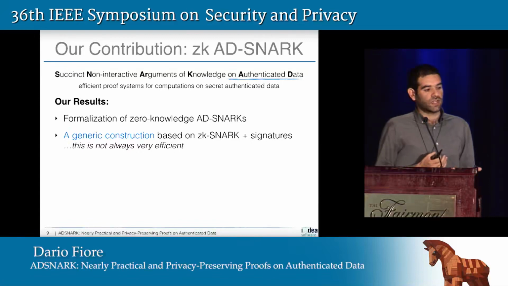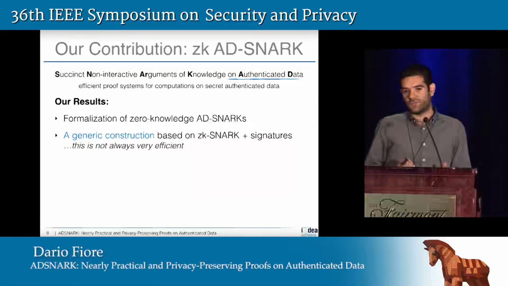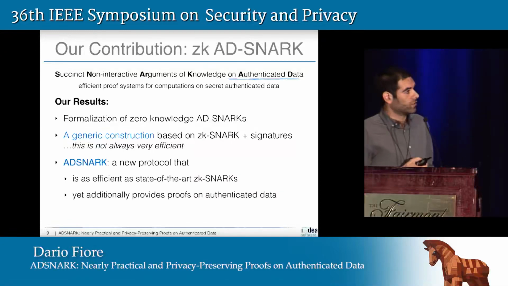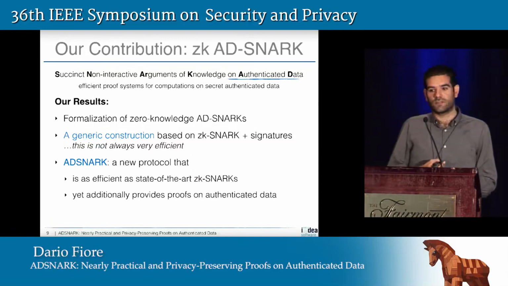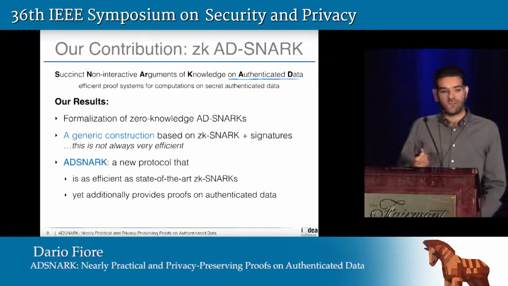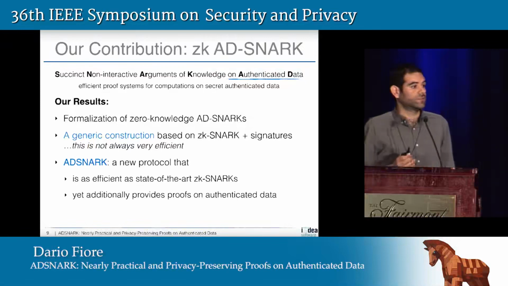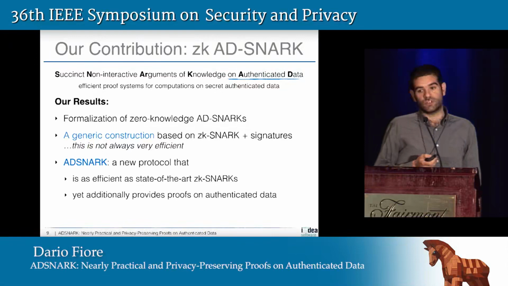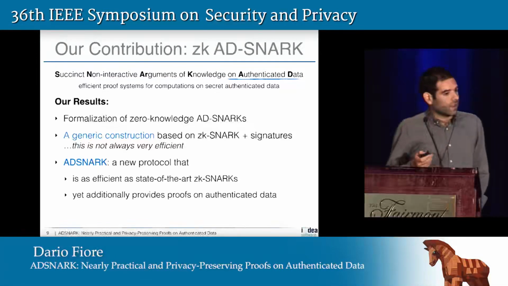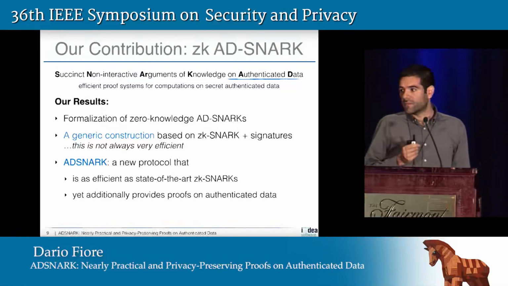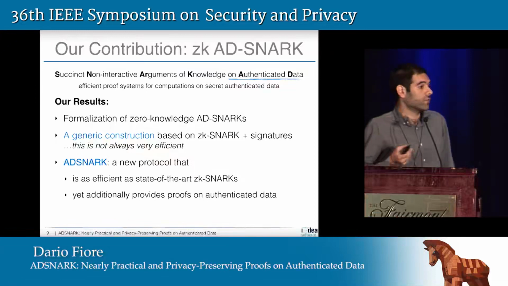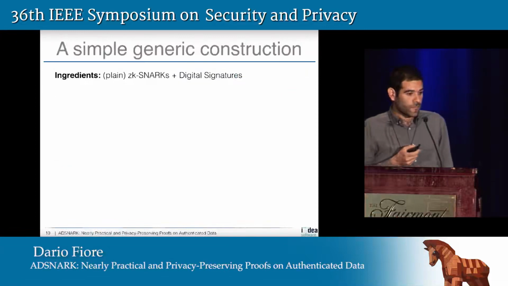Here the observation is that, unfortunately, this is not always very efficient in practice. Motivated by this, we propose our new protocol, which we call ADSNARK, whose main benefit is to be as efficient as state-of-the-art zero-knowledge SNARKs. And in addition, it provides proofs on authenticated data. In the next part of the talk, I will first briefly describe the generic construction, discuss why it is not so efficient, and then describe our solution.